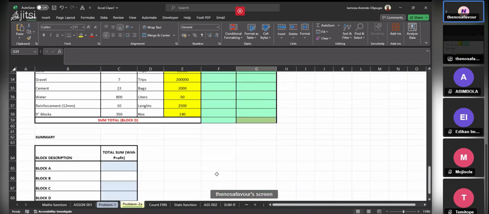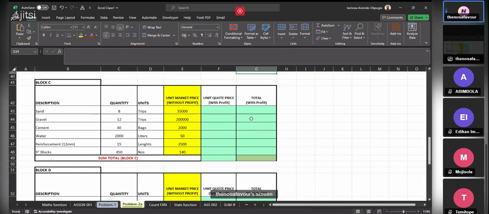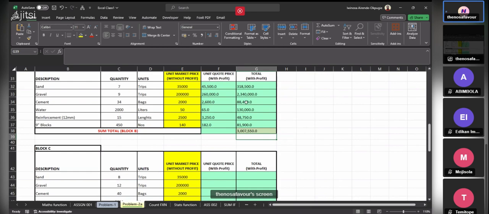Before we wrap up, we have a summary table here, and at a glance we want to know the total figures.